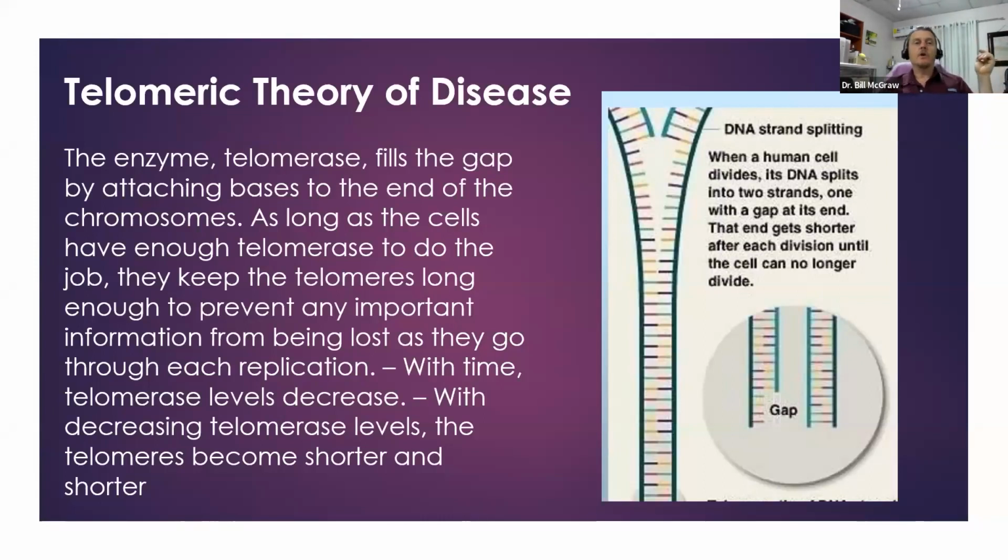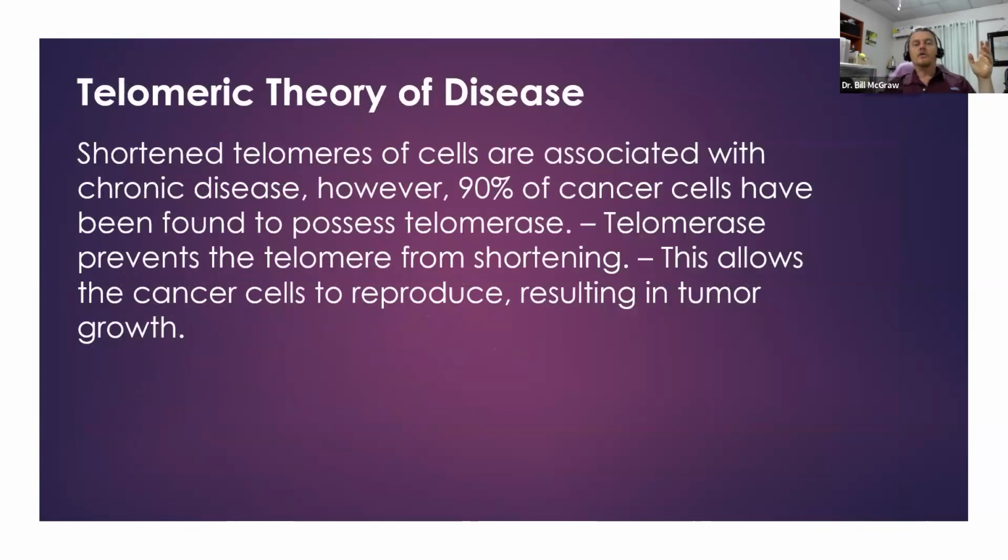All right. So the telomeric theory of disease is that each time DNA divides, it becomes a little shorter and less functional unless we have enough telomerase, which is an enzyme to fix that end section of the DNA, the telomeres. Okay. So also, pay attention and bear in mind that shortened telomeres of cells are associated with chronic disease.